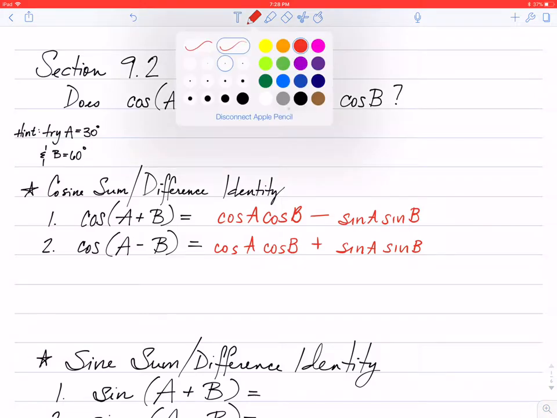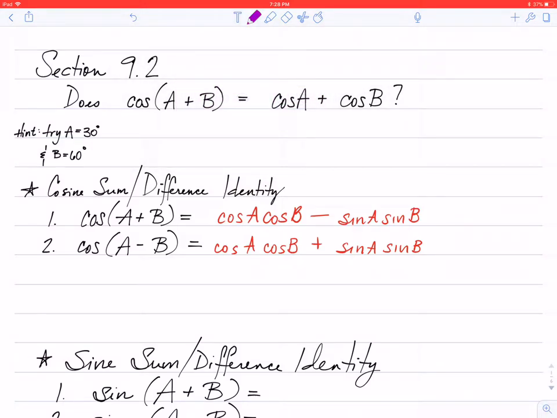Now, often what I like to do is write these in a one-line statement instead of taking the time to write it out twice. And so my one-line statement of this would be the cosine of angle A plus or minus angle B. So I'm going to combine these two. This is equal to cosine of A, cosine of B. Be careful on this.